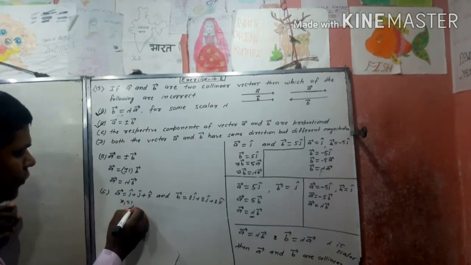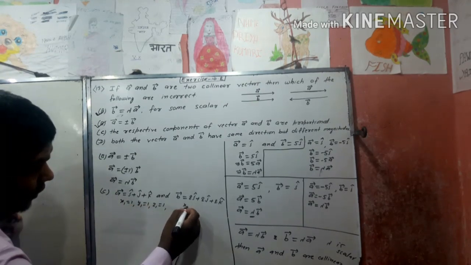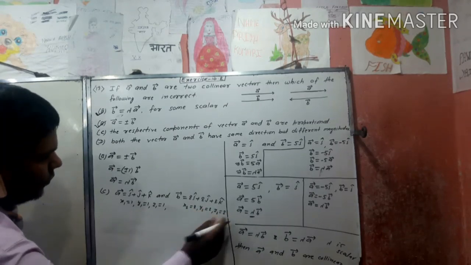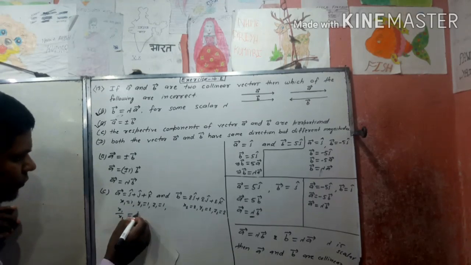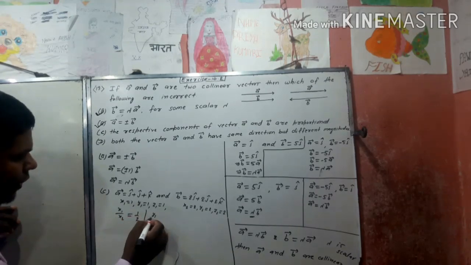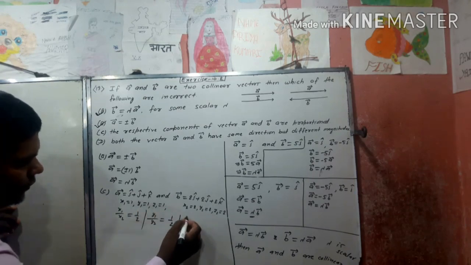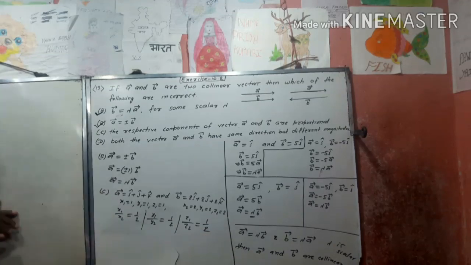Here x1 is equal to 1, y1 is equal to 1, z1 is equal to 1, x2 is equal to 2, y2 is equal to 2, z2 is equal to 2. x1 upon x2 is 1 by 2, y1 upon y2 is 1 by 2, z1 upon z2 is equal to 1 by 2.